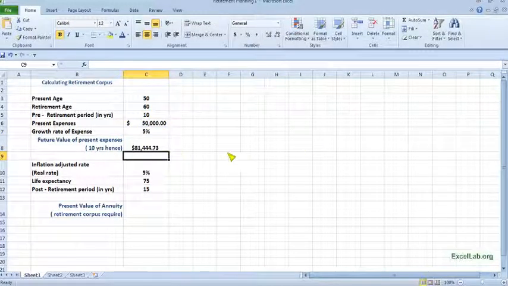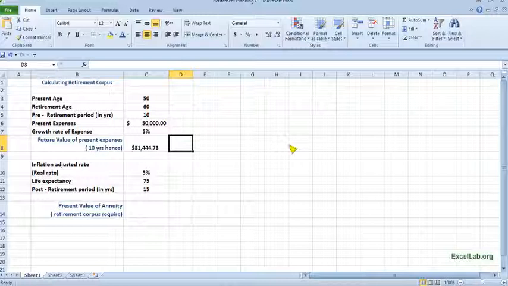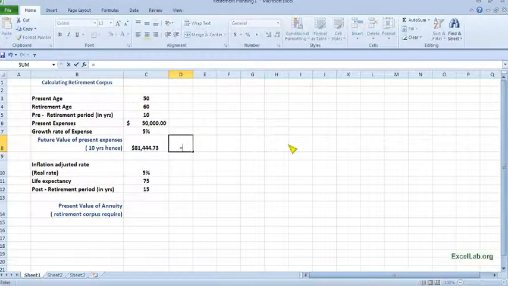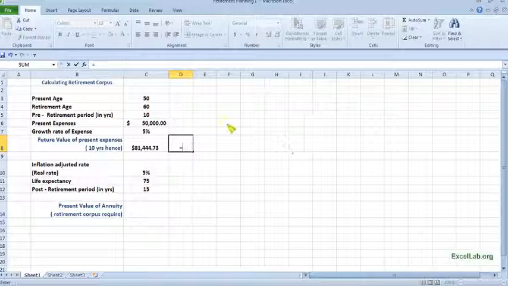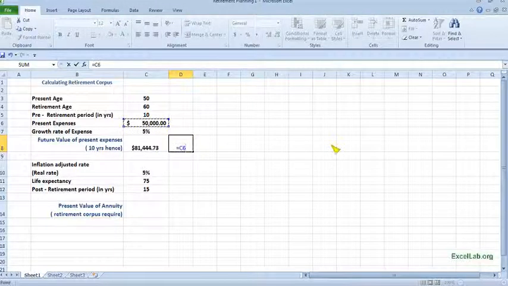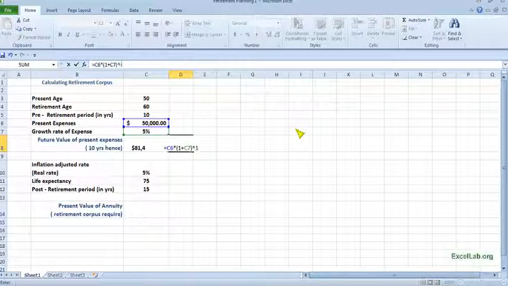So here's the amount, and we can see this is 81,444. If I use the formula, this is the present value multiplied by 1 plus r%, raised to 10 years.